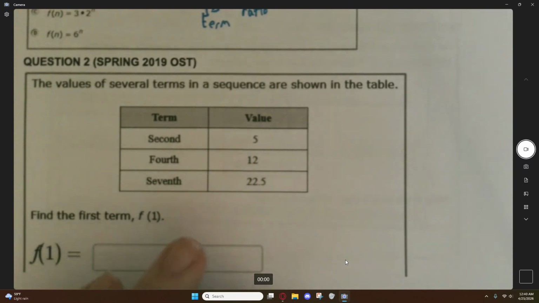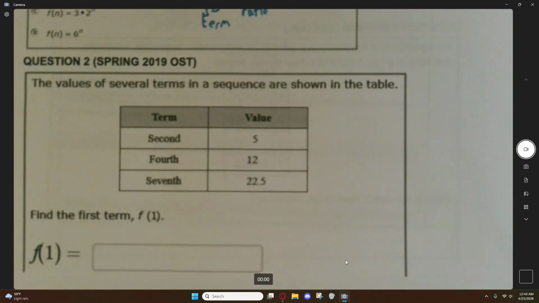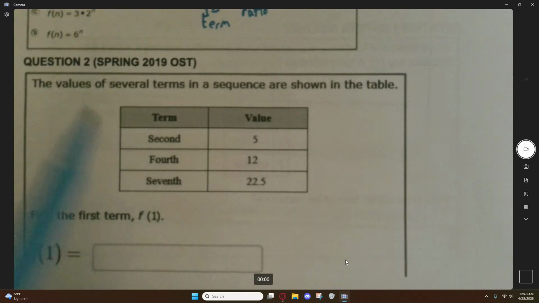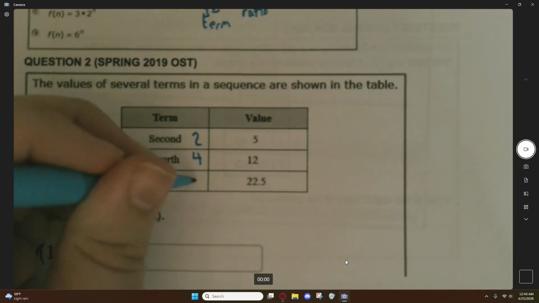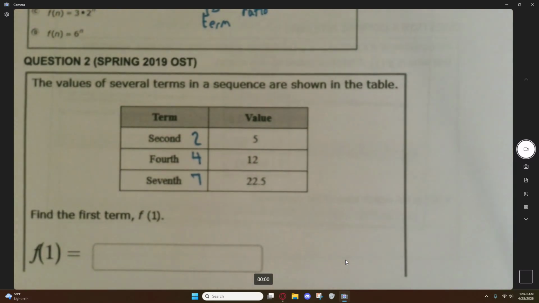Question 2. The values of several terms in the sequence are shown in the table. Second, 5, so this would be 2, 4, and 7. So, find the first term, f1. So what we're going to want to do is find what would essentially be the slope.